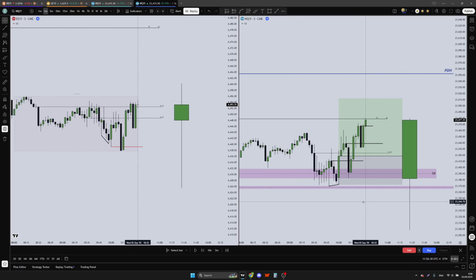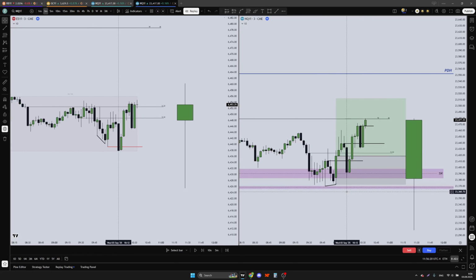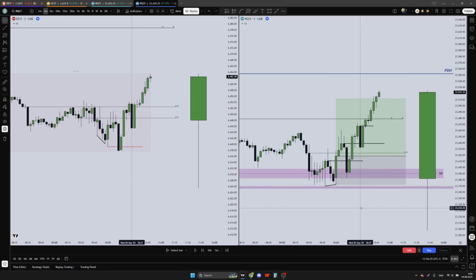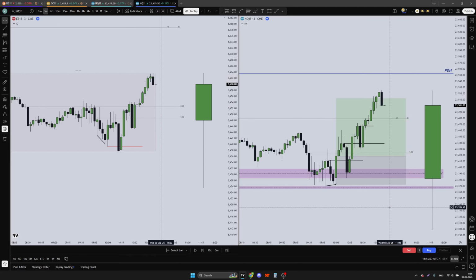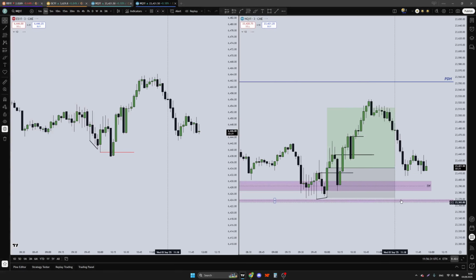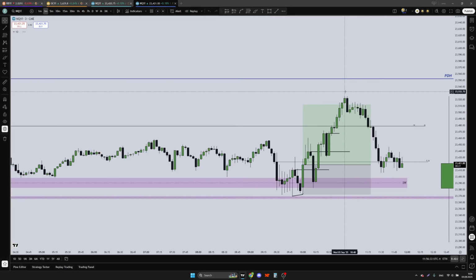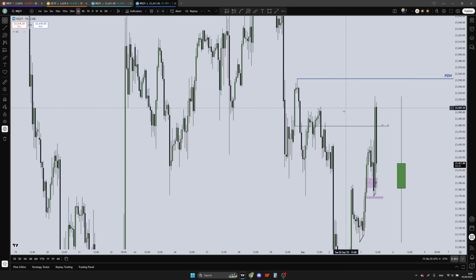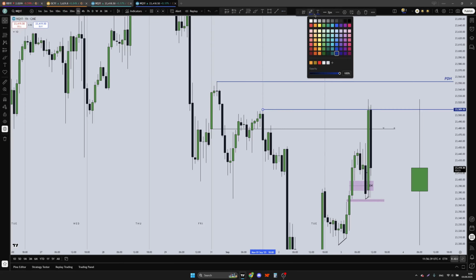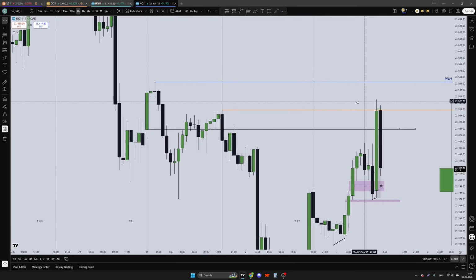I was using the change in state for me. 2R was hit. And let's see what's happening now. It was pretty good. I also was looking at this 1 hour swing high here, right?